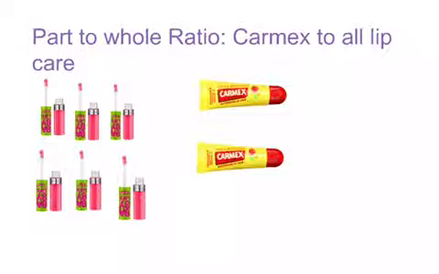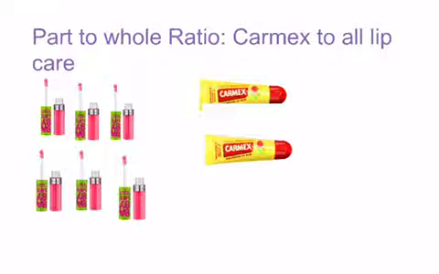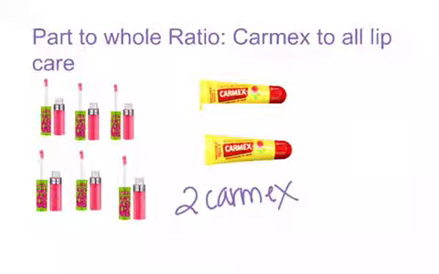Okay, all right, so this is the part-to-whole ratio. So we're going to compare Carmex to all lip care. So we know that we're comparing Carmex to all lip care. So we have 2 Carmex. Since this is part-to-whole, we're taking part of this whole set, which is the Carmex, and we're putting it to all lip care.